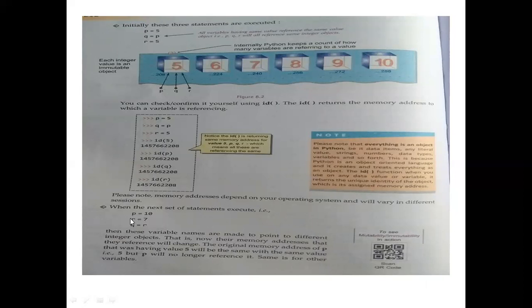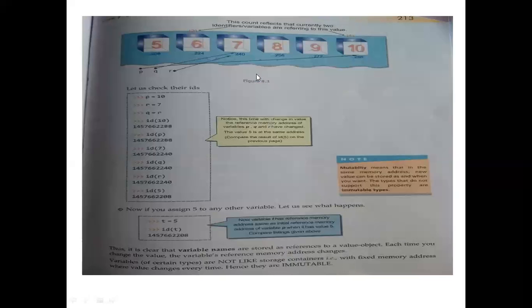If I write r equal to 7, r refers to 7 now, and q equal to r means r का जो address था वो q में copy हो गया, so q also refers to 7. In this example, p refers to 10, and q and r both refer to 7. That means this 5 is not changed, only the address is changed.